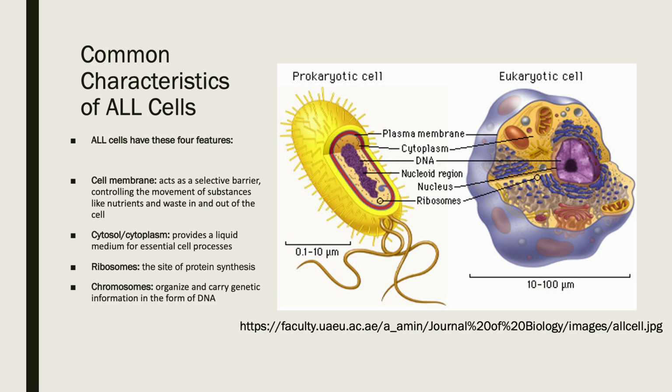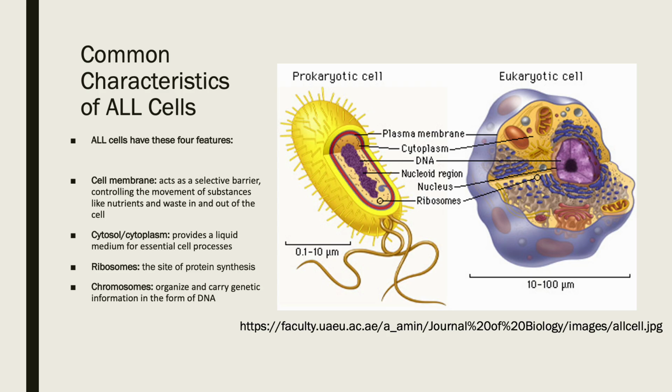All cells have ribosomes, and this is a type of organelle that we'll discuss later. But these are the tiny little dots that you often see inside of a cell, and they are where proteins are made. So a DNA message will be converted into RNA, and then the ribosomes will read that RNA message and make a protein.